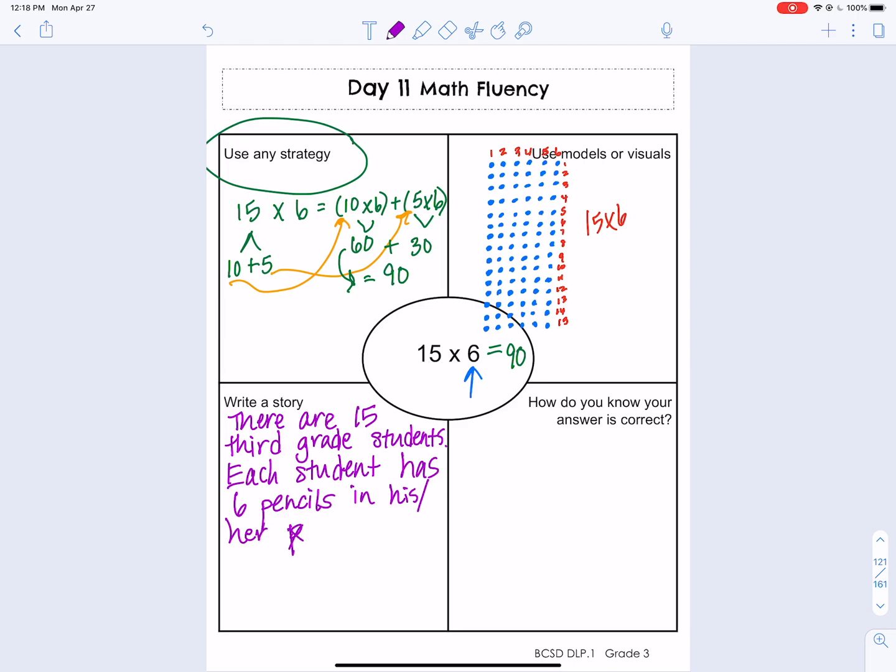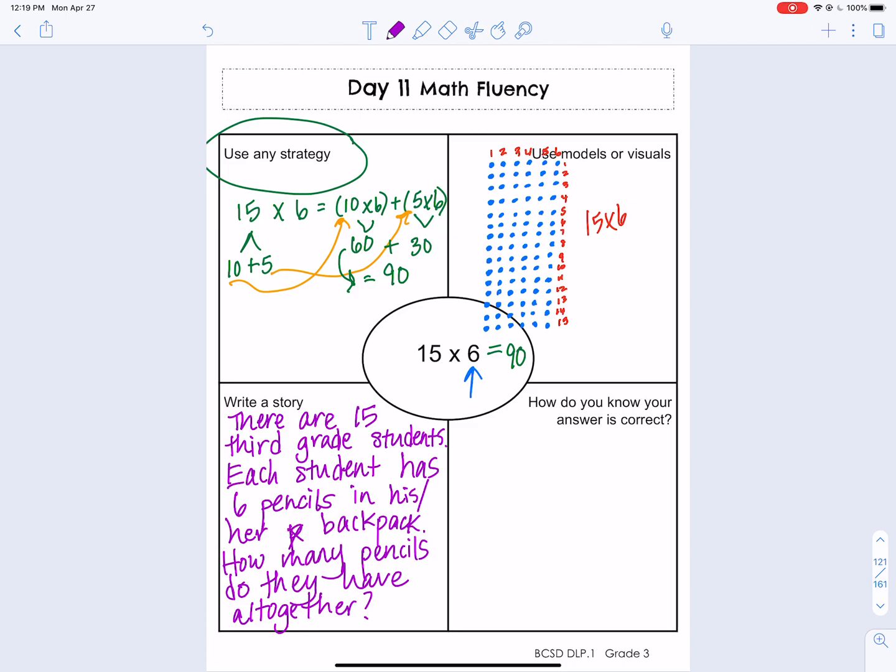Whoops, not a P, I need a B. My pen here's getting out of control. Okay, backpack. How many pencils do they have all together? All right, we are almost done here.